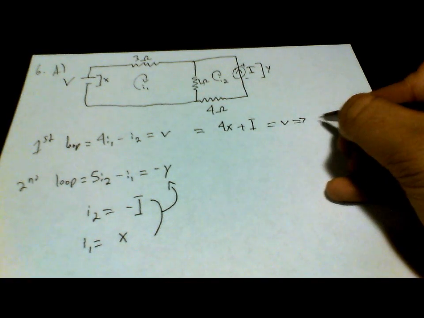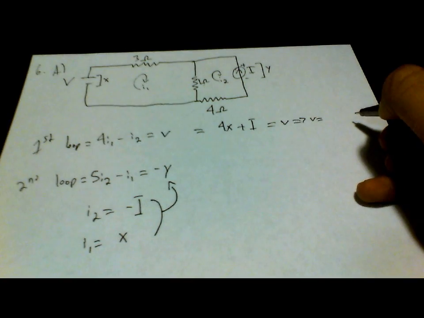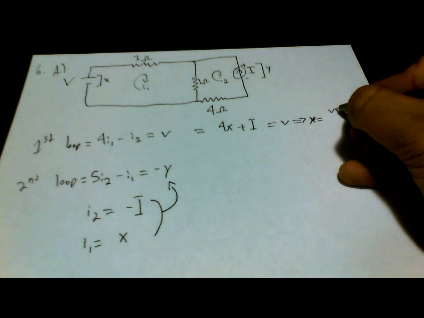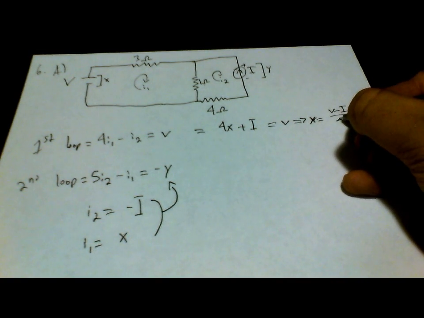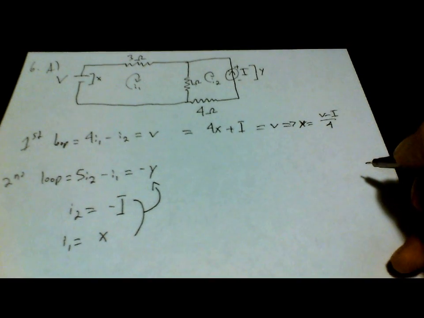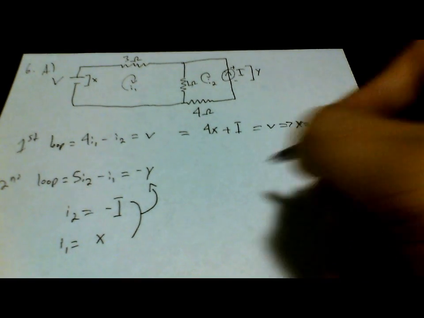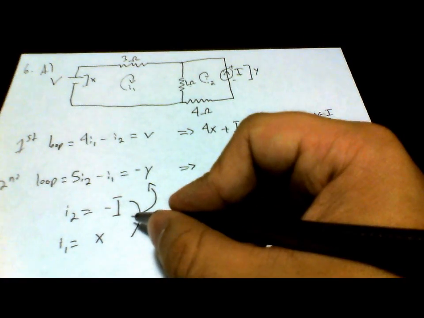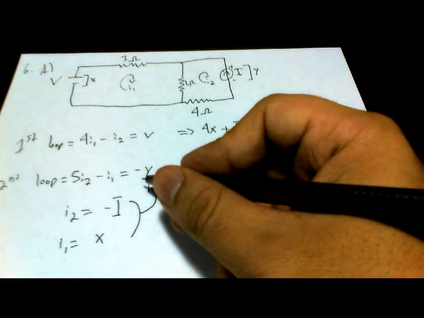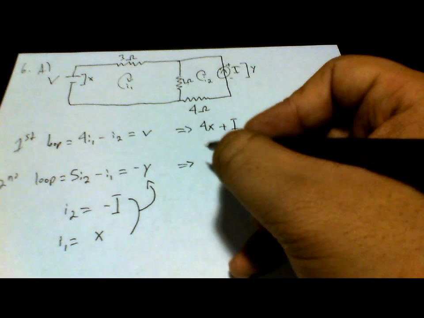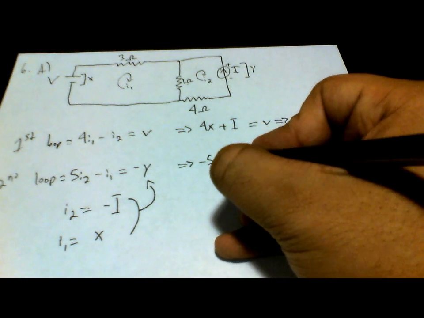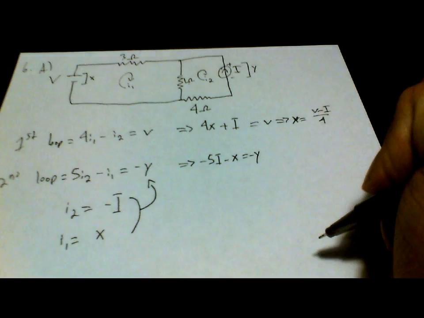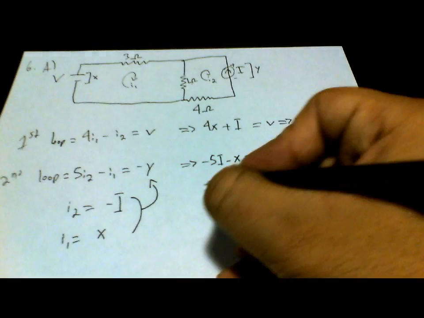Just going to further simplify this to X equals V minus I over 4. There. And down here, we're just going to plug in the answers again. We'll plug these two equations into here. And that gives us, since I2 is negative I, negative 5I minus X equals negative Y. Now we can just cancel out the negatives.